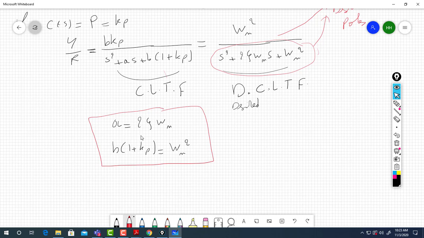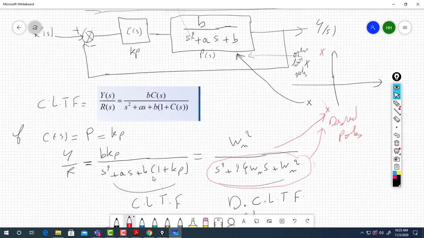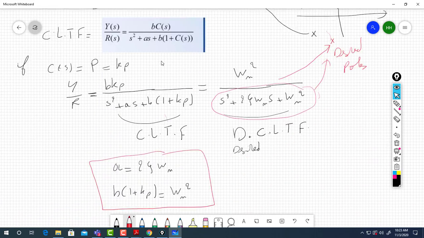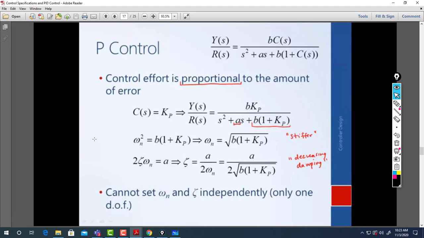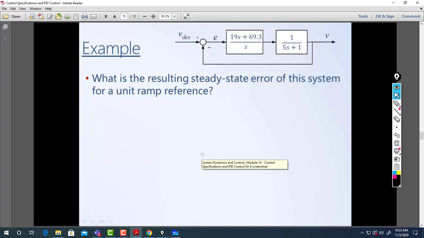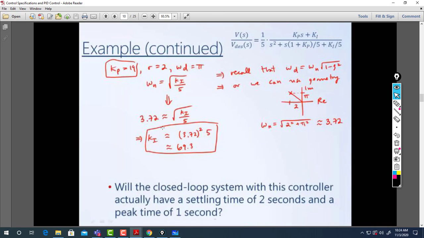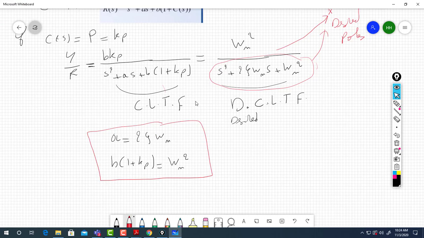You have 1 degree of freedom here because they are dependent on each other. It's not like here, for example, where you have Kp, Ki, and actually I did it, right?